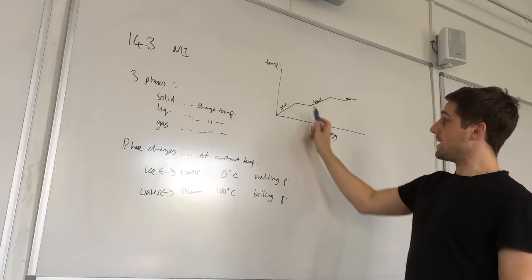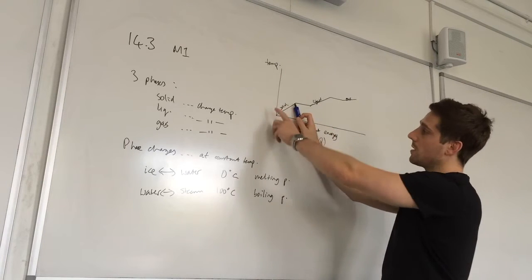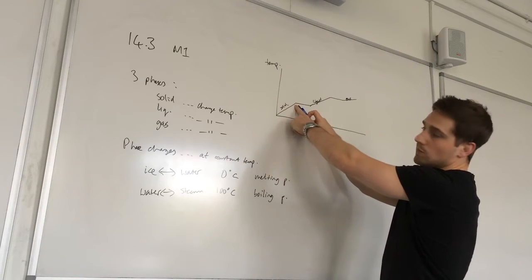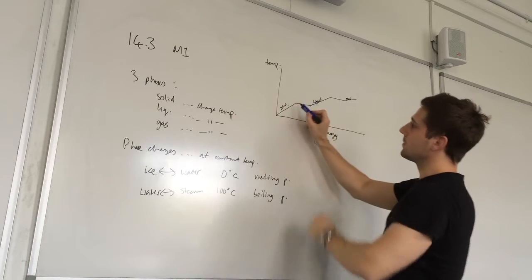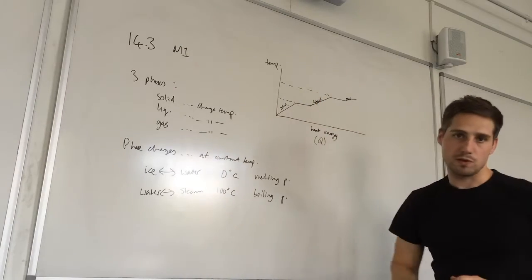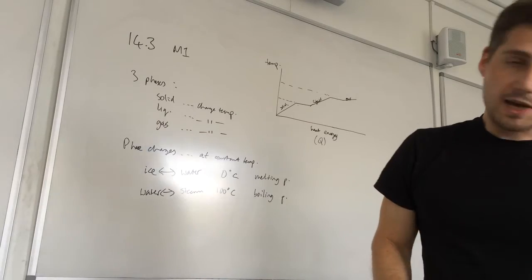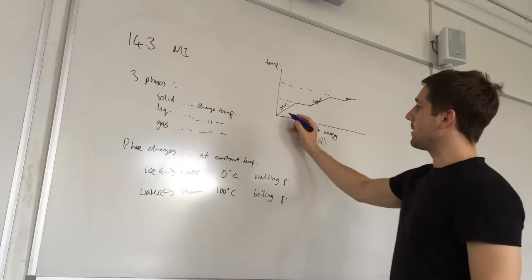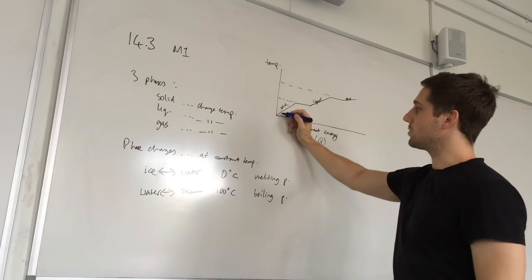We're putting energy in, it's going along the x-axis, and the temperature is also going up here, but then when it starts to change from solid to liquid, that happens at a constant temperature, and so does the change from liquid to gas. Each material requires a different amount of energy to raise it by the same amount of temperature.